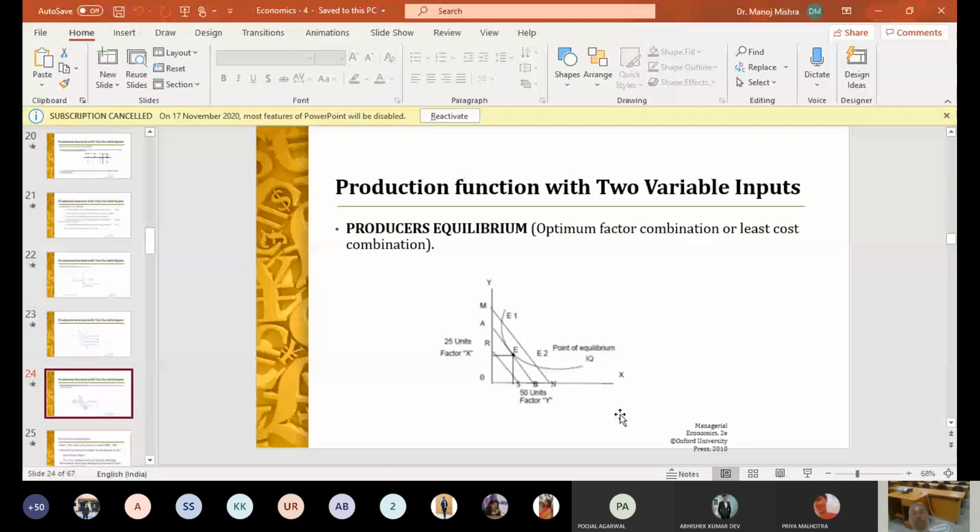So this is how we arrive at the producer's equilibrium. Is this clear or is there any doubt? Please let me know.